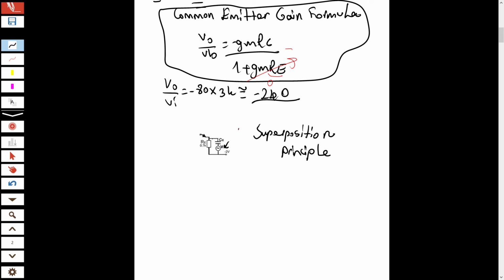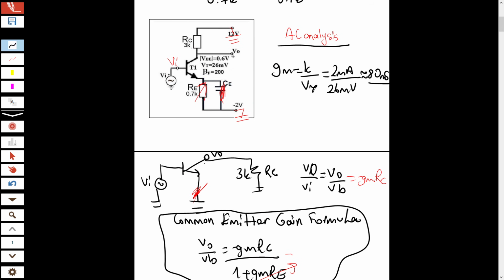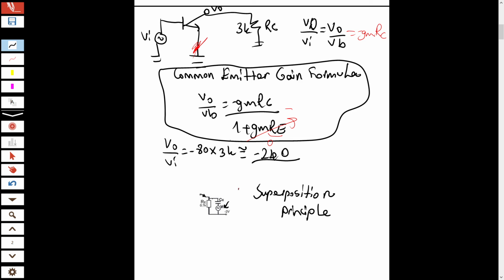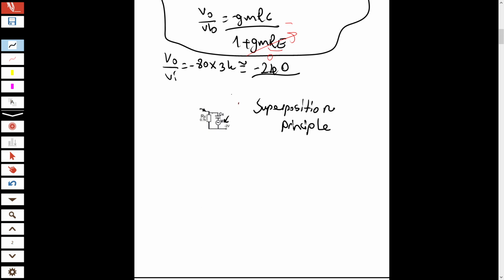This time we will think that V input 1 is short circuited. So my circuit becomes like this, with V input 1 short circuited.